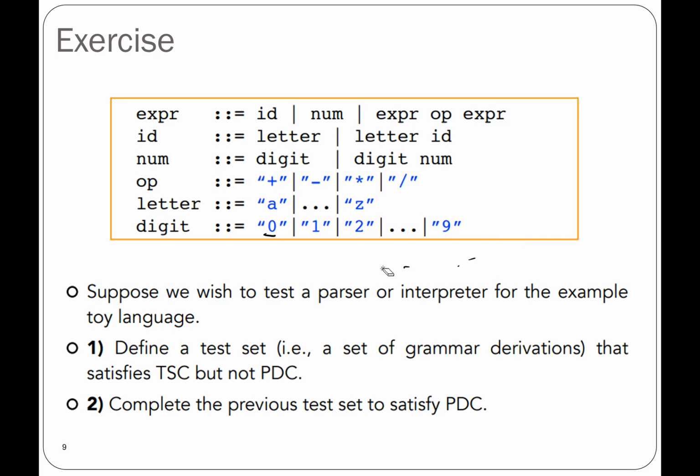I still have a problem: I haven't covered those operations over there. So what do I do to cover them? Sure, I can go 1 plus 2, 3 minus 4, 5 multiplied by 6, 7 divided by 8. That would have covered this one, this one, this one, that one, right? And as such, all of these ground strings that I have produced would cover my TSC.